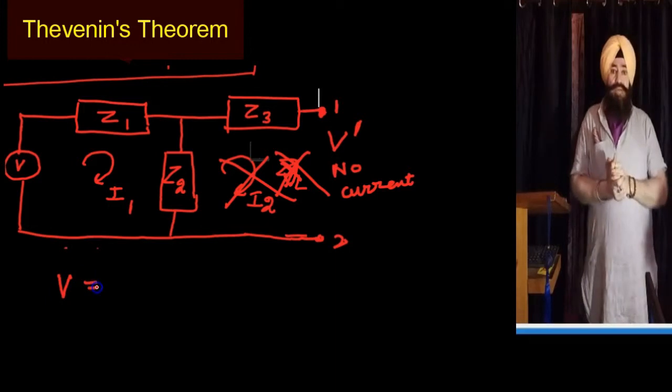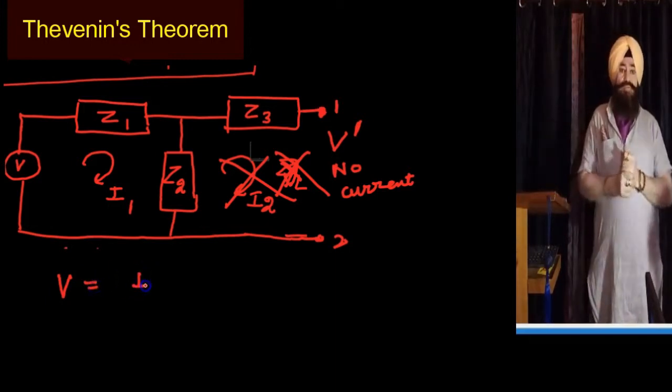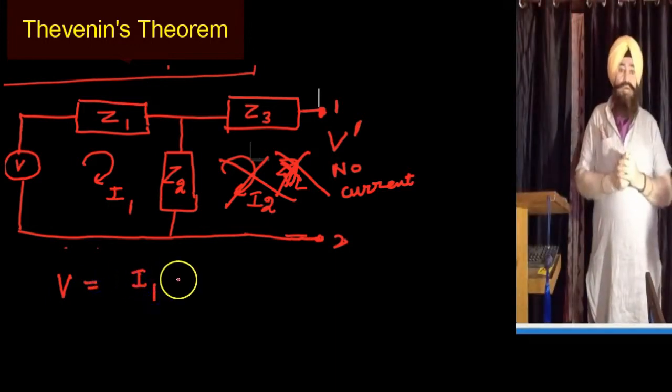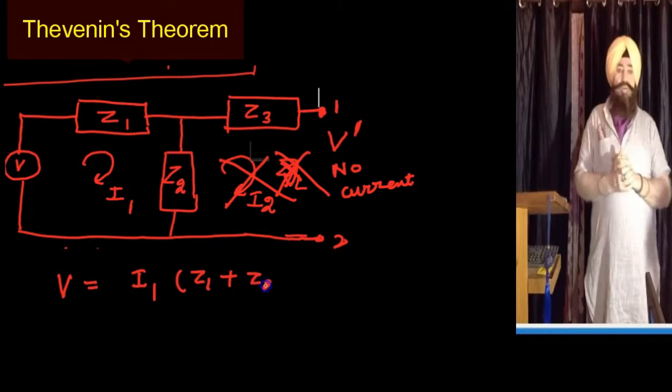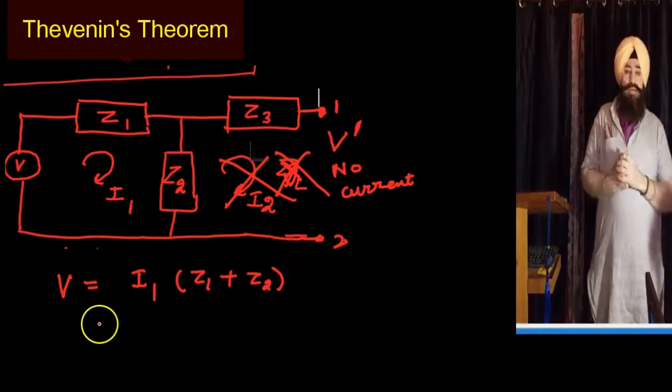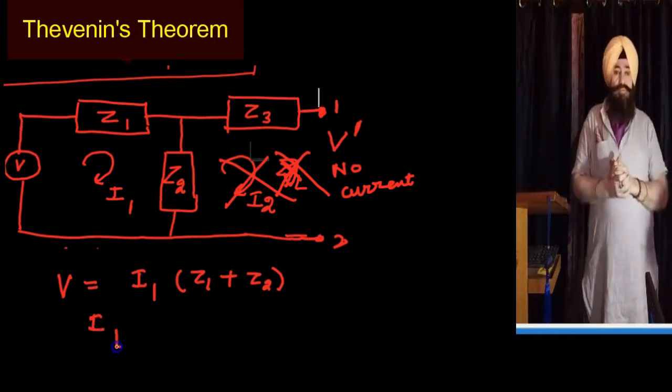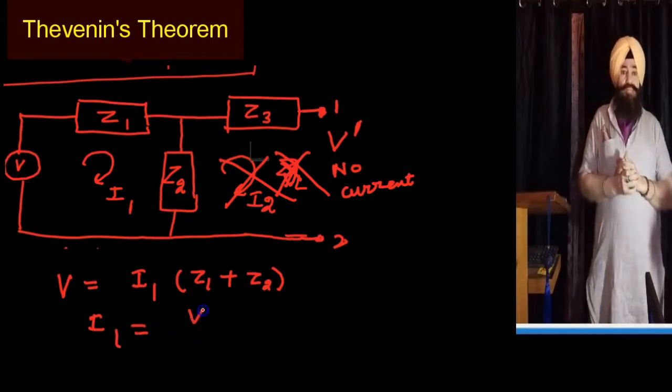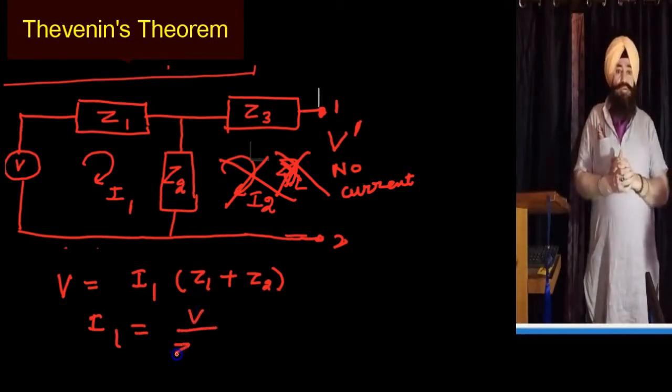That means V equals I1 times Z1 plus Z2. From here you find the value of I1. This is a closed loop and write down the Kirchhoff voltage law. Now we find I1, it becomes V upon Z1 plus Z2.